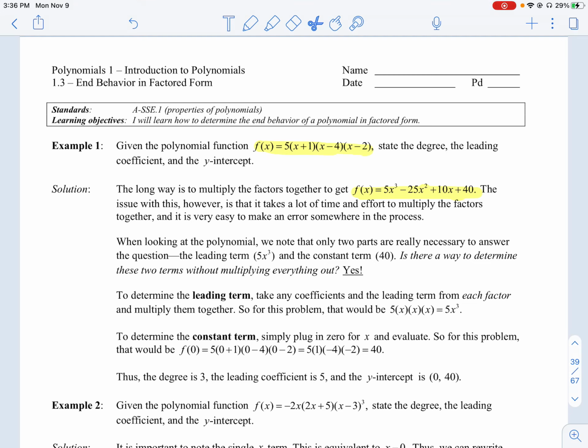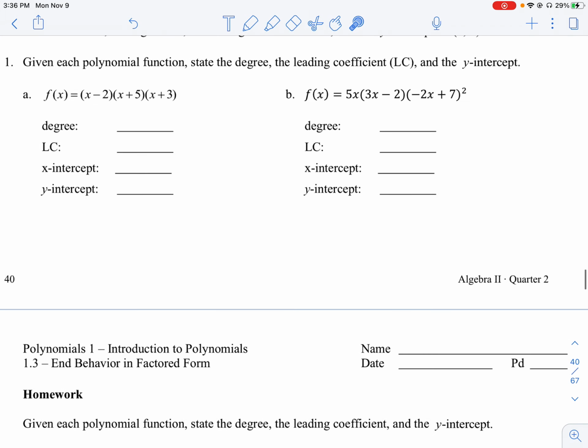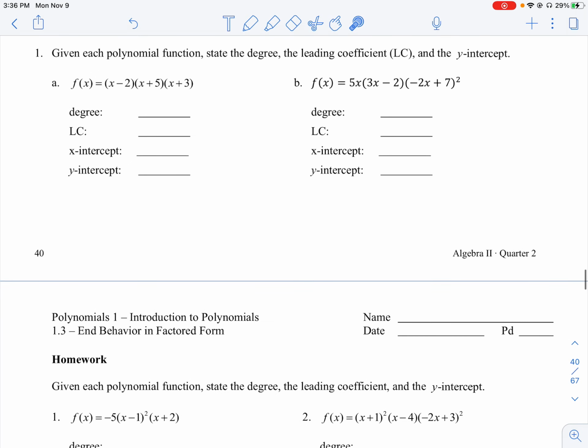And that will take a lot of time because you would have to distribute x plus 1 to the x minus 4, and then distribute to x minus 2, and then multiply everything by 5. That is too much to do. So, in order for us to take a shortcut on getting the degree and the leading coefficient, this is what we're going to do. Let's have an example here.